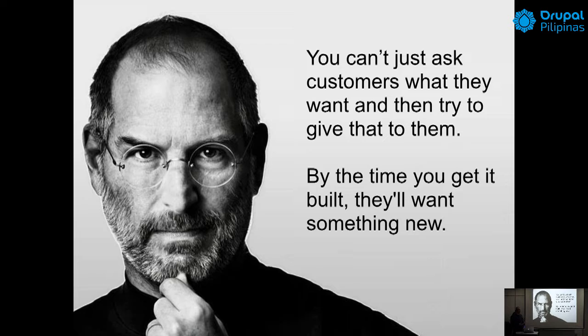Sometimes your client will come to you and say, please, can you build this feature A for me? And by the time it's done, they will say, can you maybe revise it and make it like this? My solution to this is to document it in writing.